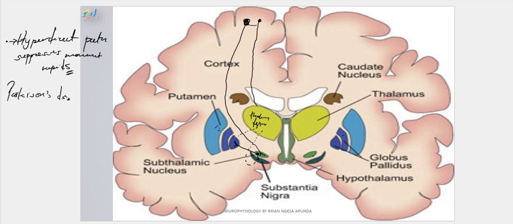This normally happens when we are having damage to the substantia nigra, specifically the compacta. That means in this state, you are not able to release the dopamine.